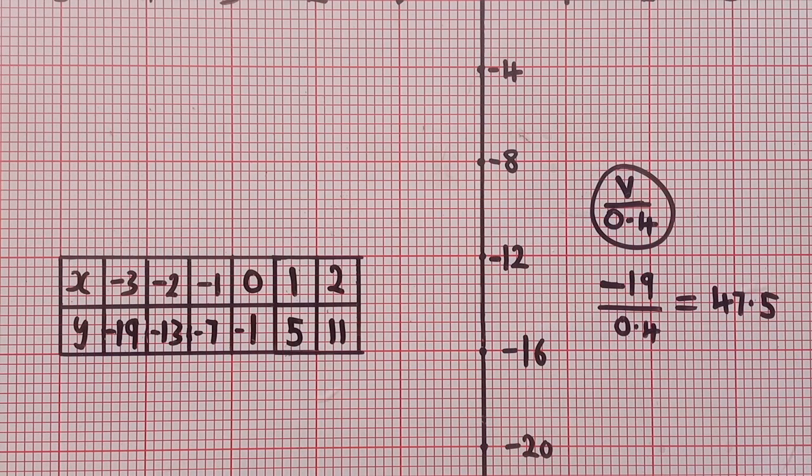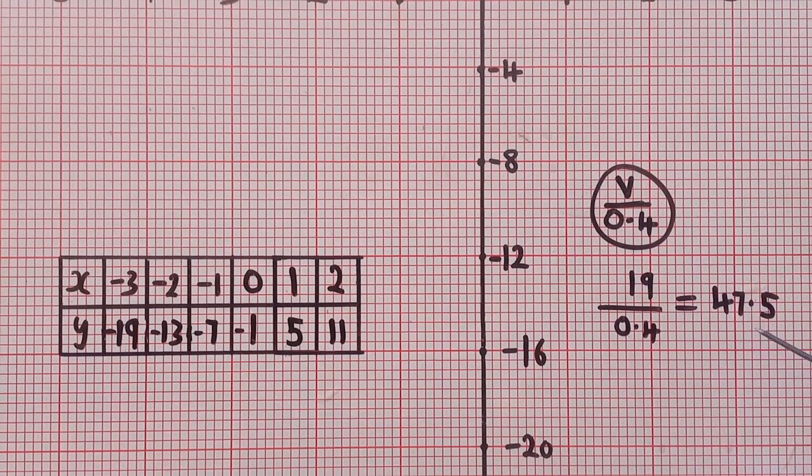In fact, to avoid doubts, we simply say 19. Let us take away that minus. That has been done to avoid confusion. That minus is simply serving a purpose to tell us that that 19 is on the negative part of the y-axis. Now, 19 over 0.4 is equal to 47.5.